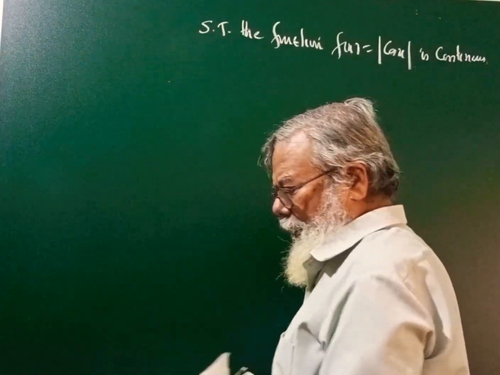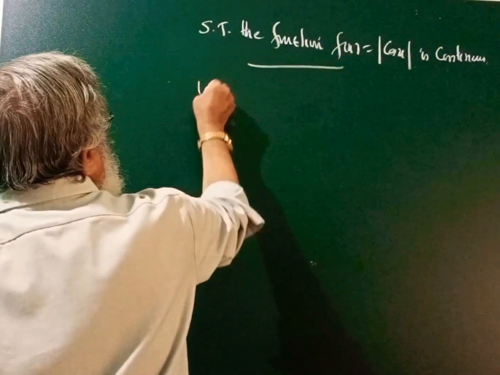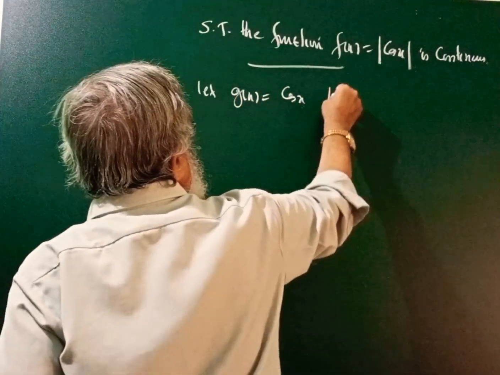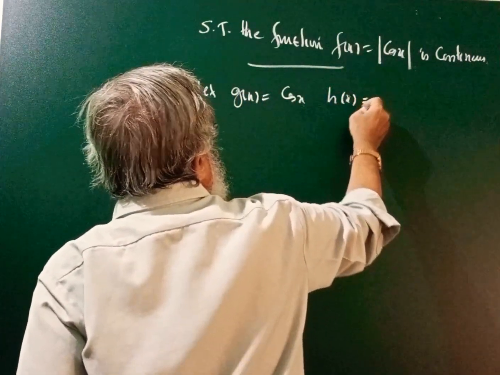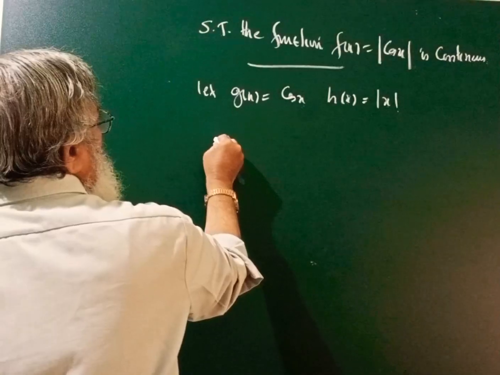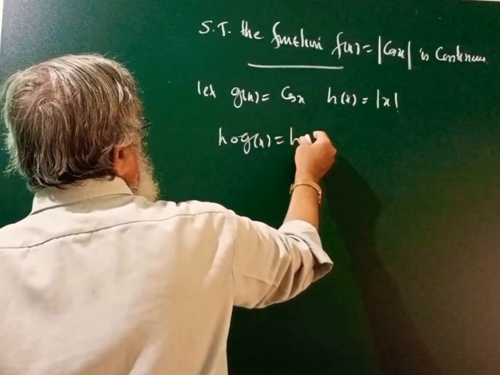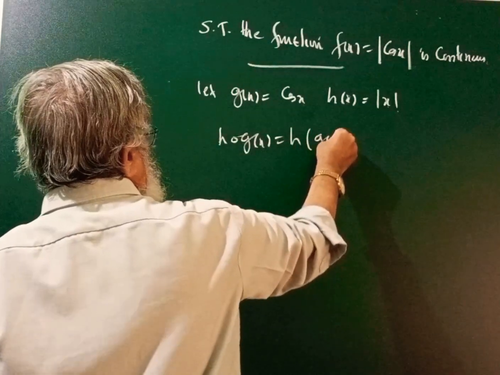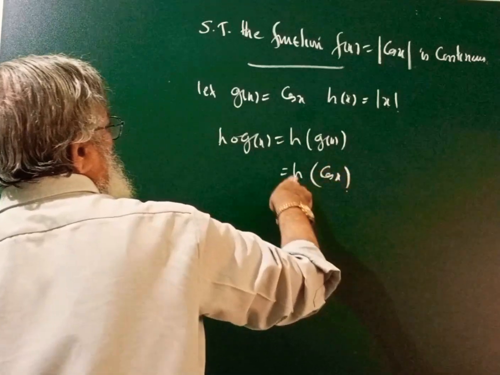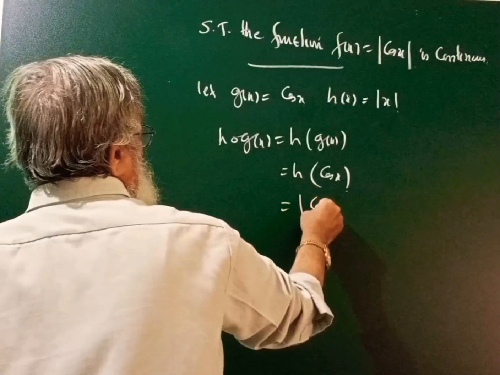So here let us suppose g(x) is equal to cos x, and h(x) is equal to mod x. Now let us take the composition h of g of x. h of g of x is given by cos x, and to apply h on that we have to take mod of that quantity, that is mod of cos x.